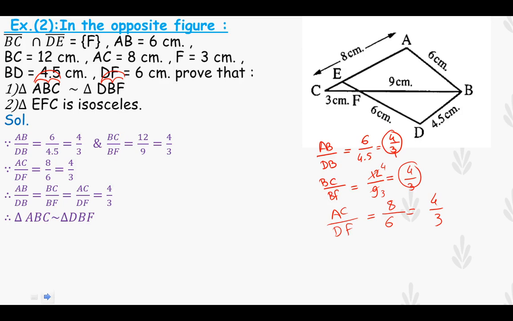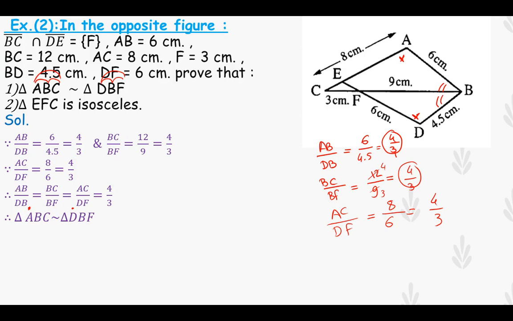We want to prove that triangle FEC, or EFC, is an isosceles triangle. From the first requirement, from similarity, you can see that measure of angle A is equal to measure of angle D. Okay, and measure of angle B in the first triangle is equal to measure of angle B in the second triangle.